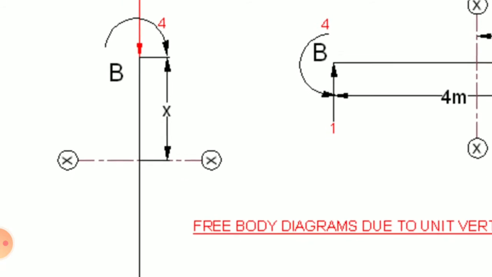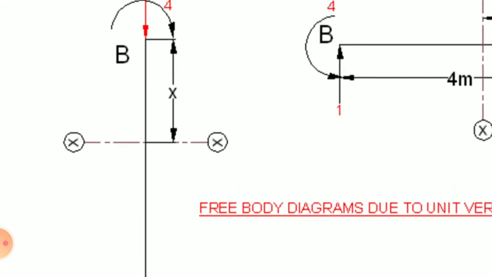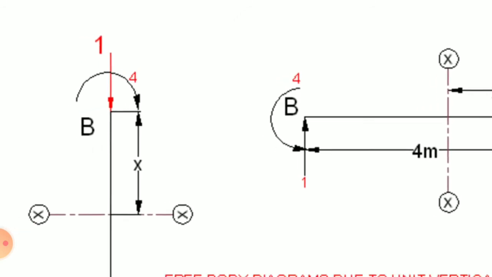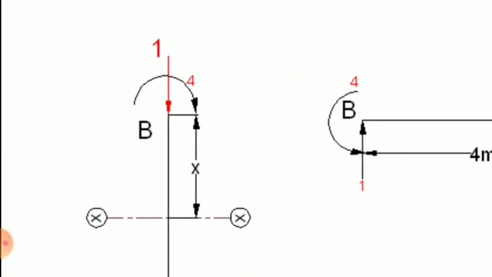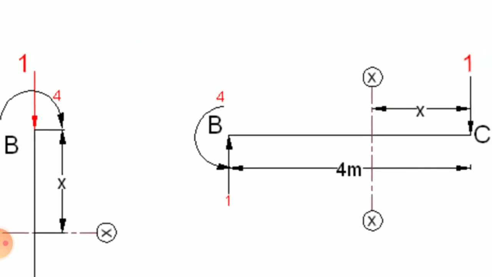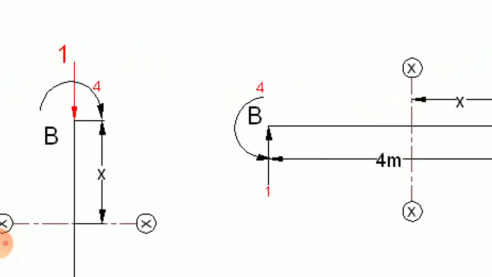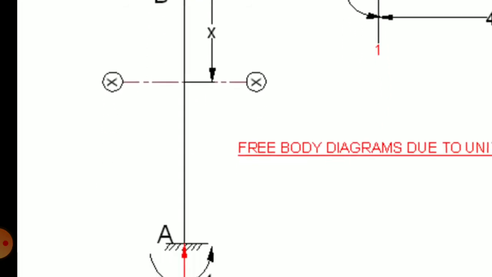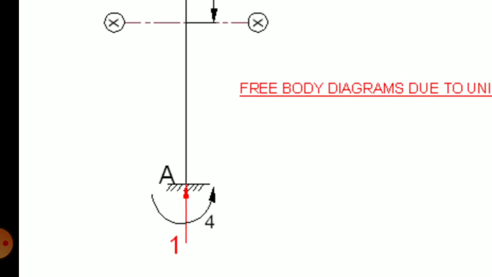Similarly, in the column, that is the AB portion, the moment is the same as in the beam but in the opposite direction. Here in the beam it is minus 4 kilonewton meter, here it is clockwise 4 kilonewton meter, and the unit load is acting vertically here also, and the reaction at the bottom is also 1.